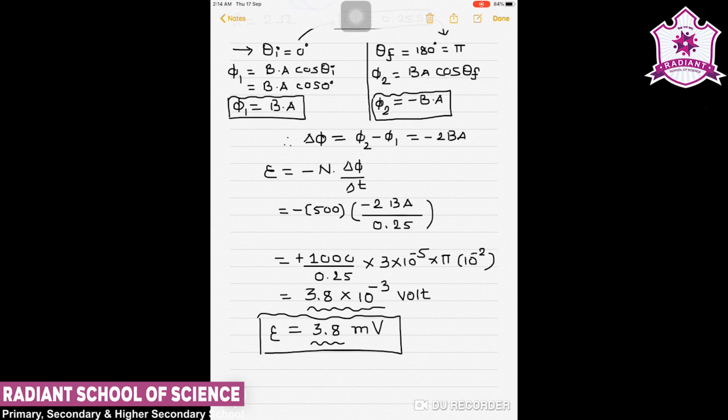Now using this, what we can get is the current.